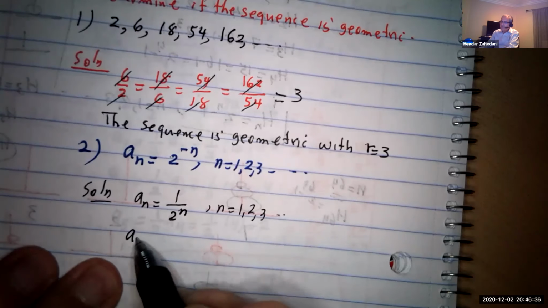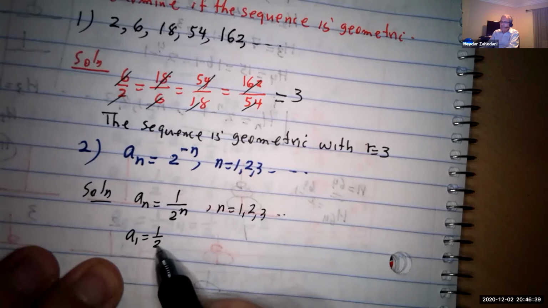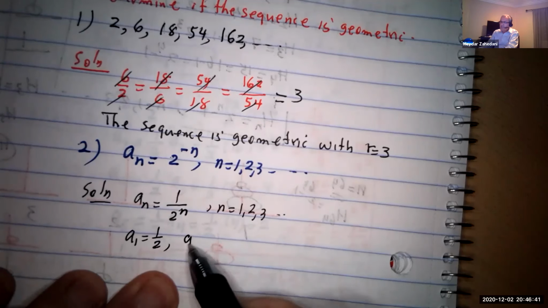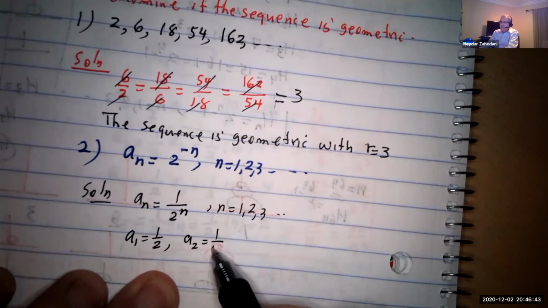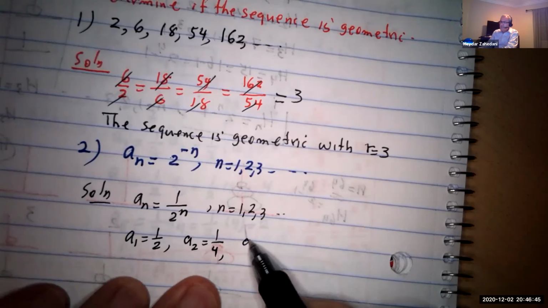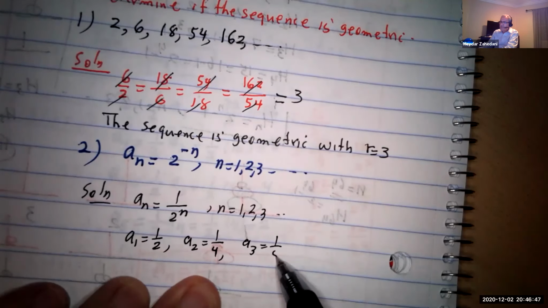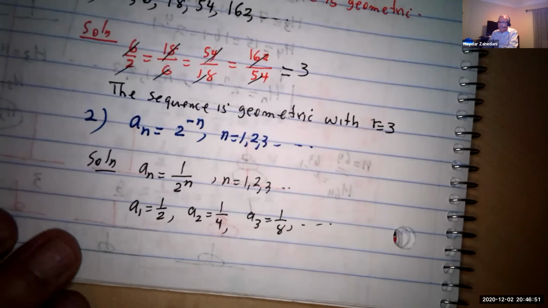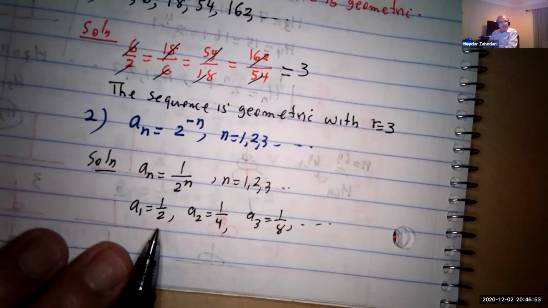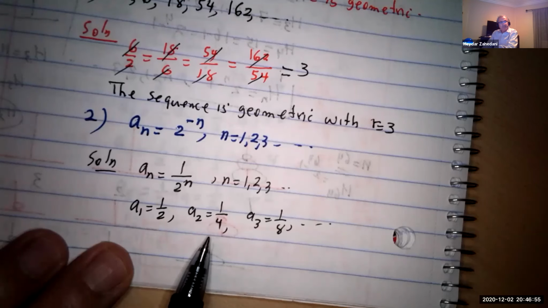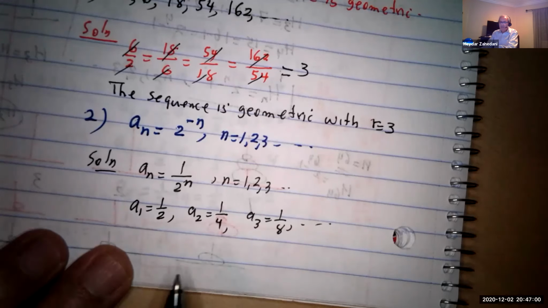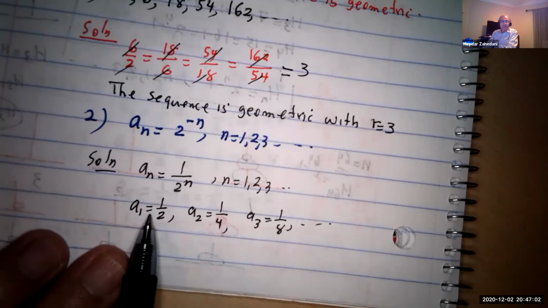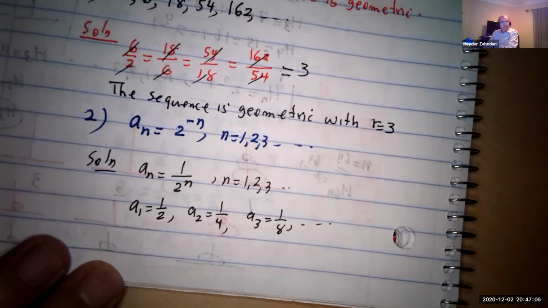So just write a couple of terms to confirm it. The first term is 1/2. You see the next term is 1/4. Then the other term is going to be 1/8. And you realize that this is the case, because the first term is 1/2. You multiply by 1/2, you get 1/4. You multiply by another 1/2, you get 1/8, etc. Or if you divide the second term by the first term, you will see that common ratio.